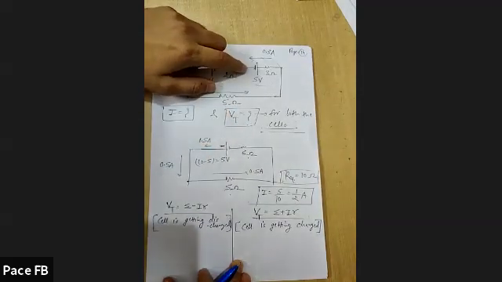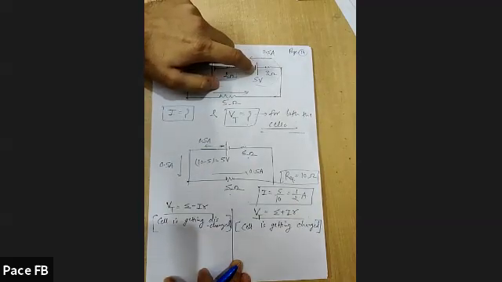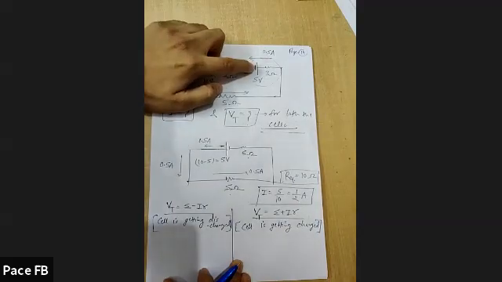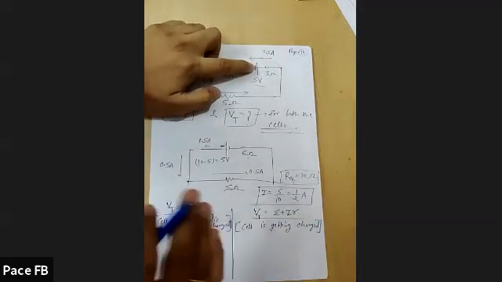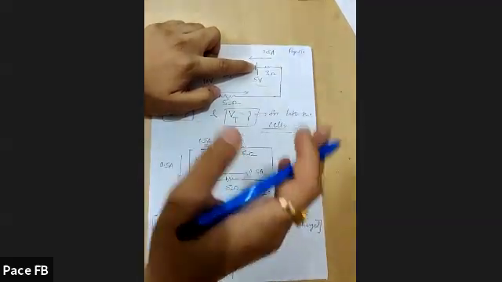And whenever current is entering through the positive terminal of a battery, it means that battery is not getting discharged. That battery is instead getting charged. Some more energy is given to that battery.